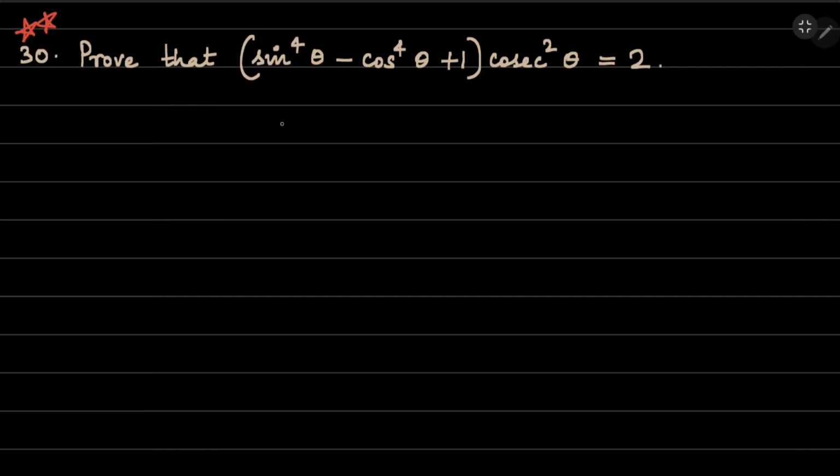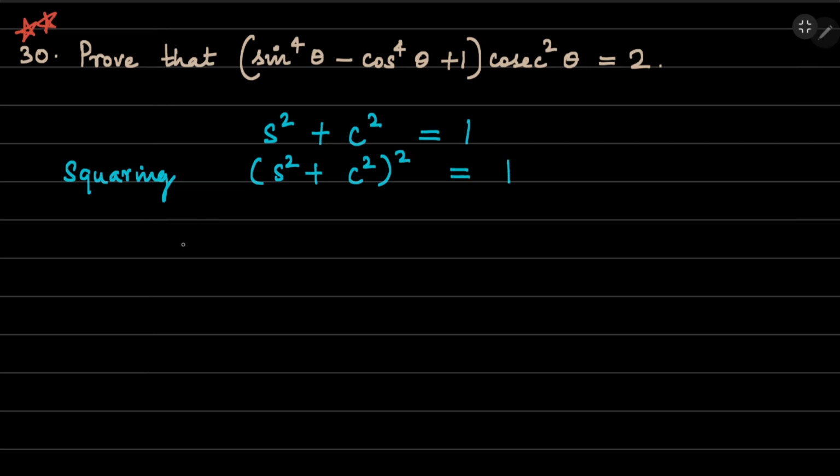So here we know that sine square theta plus cos square theta is equal to 1. Now when you square both the sides, what do you get? Sine square plus cos square, the whole square, is equal to 1. So expand it: sine to the power 4 plus cos to the power 4 plus 2 sine square cos square is equal to 1.